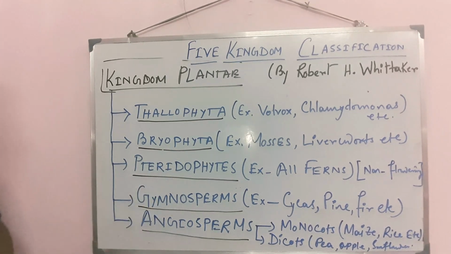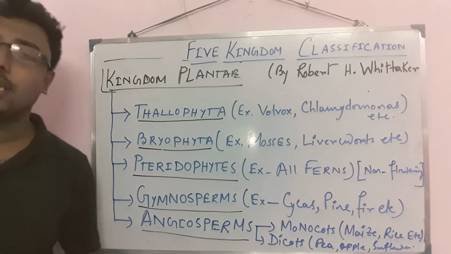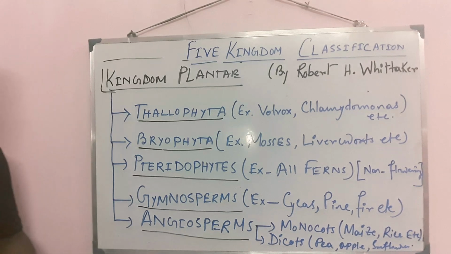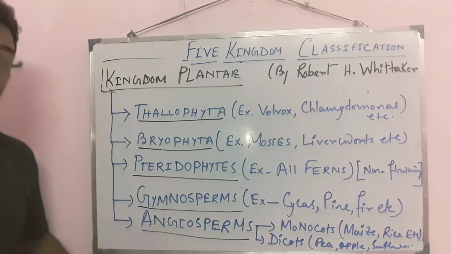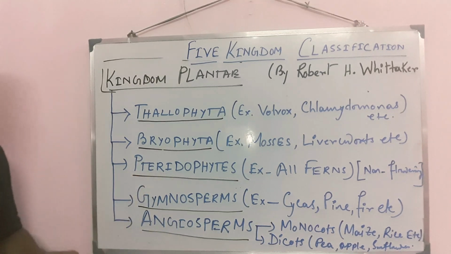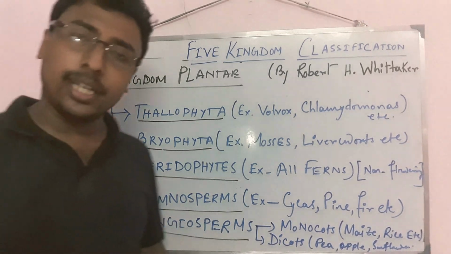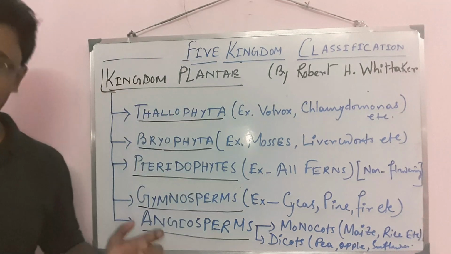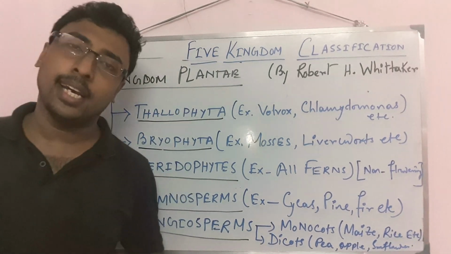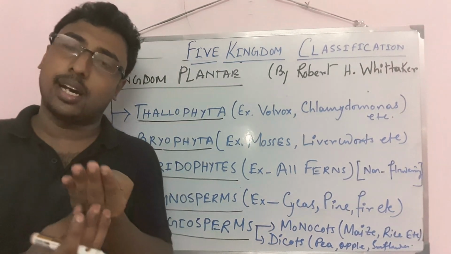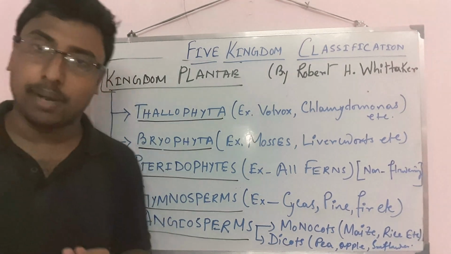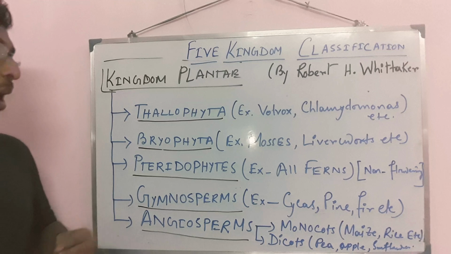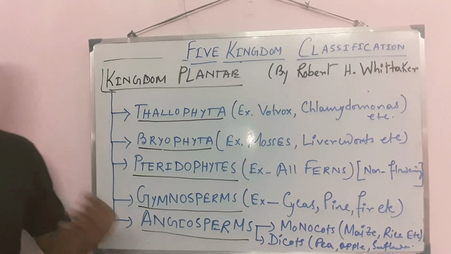Next is pteridophytes. I think all of you have seen a fern, and the structure of a fern. You know that these are non-flowering plants. Their body is differentiated into root, stem and leaves, but on the dorsal surface of their leaves generally spores are present, by which they can easily reproduce.